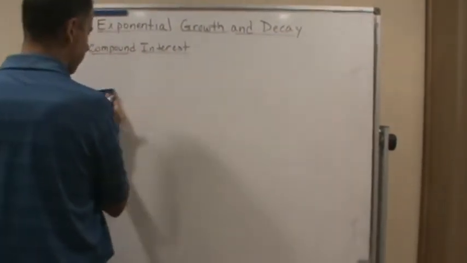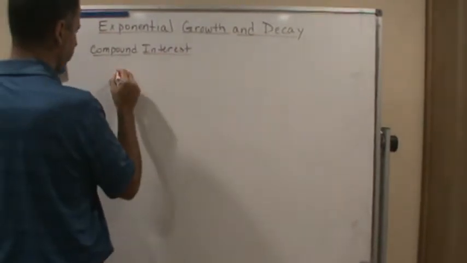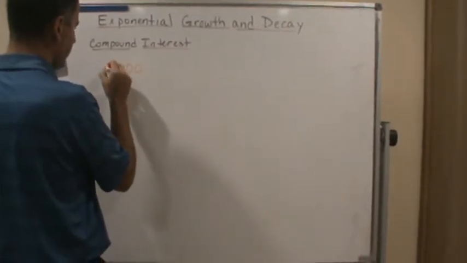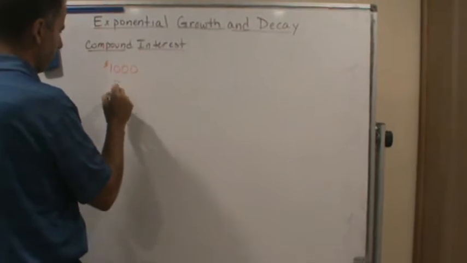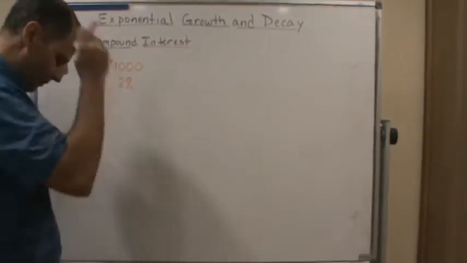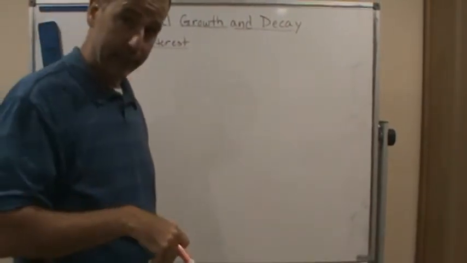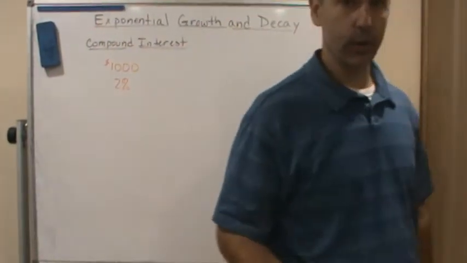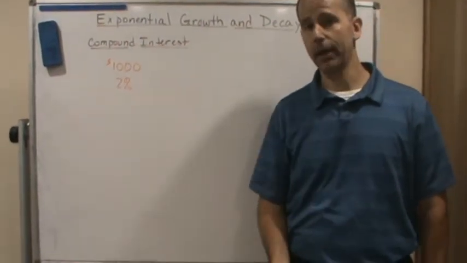Let's take the $1,000, and again, you're getting the 2% rate of return. But this time, let's say your bank compounds your interest every 6 months.